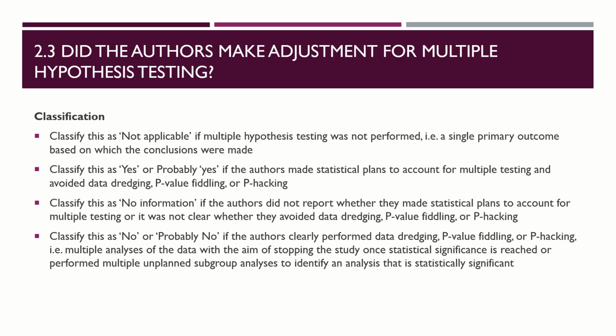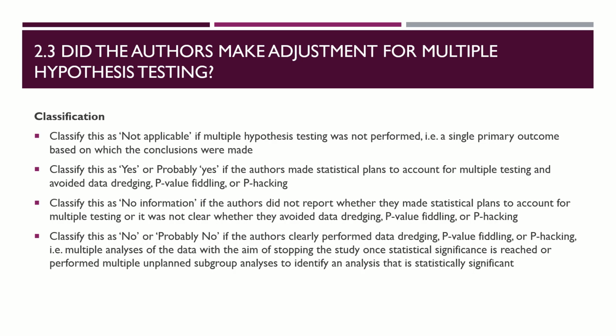Okay, they already made some statistical plans to account for multiple testing. For example, they had interim analysis and they made some adjustments, used appropriate methods to do that. Or when they are doing multiple hypothesis testing for multiple outcomes or multiple time points, they already have adjusted that.